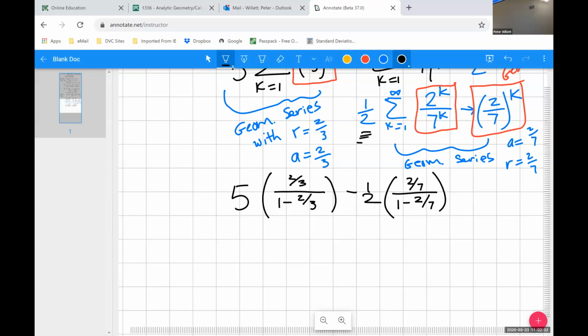Okay, so this would be 5 times 2/3, divided by 1/3, which is the same as multiplied by 3 over 1.